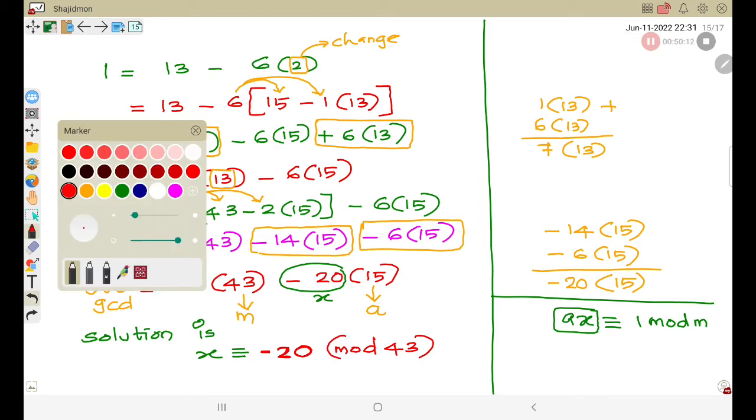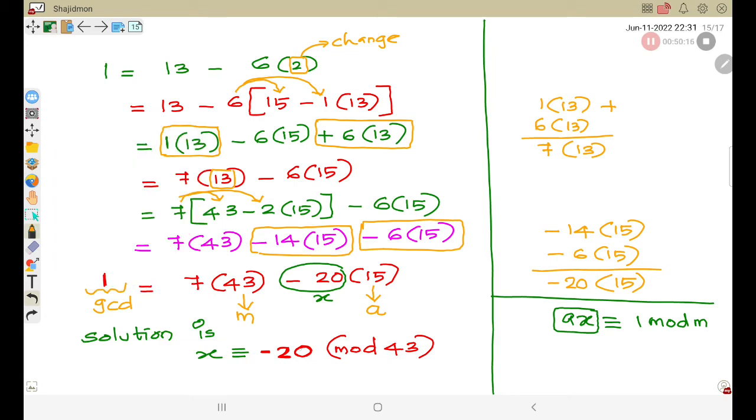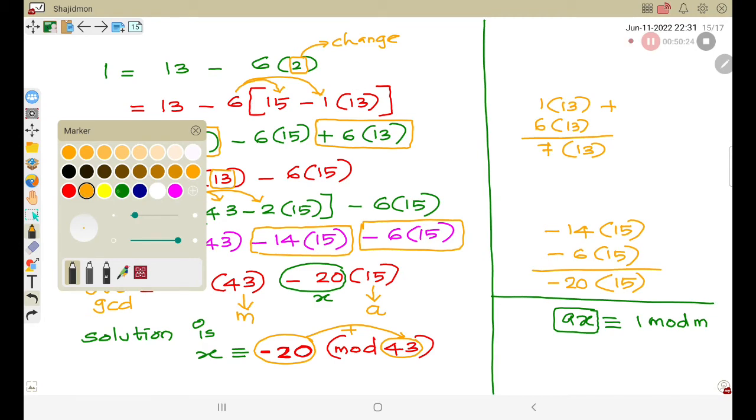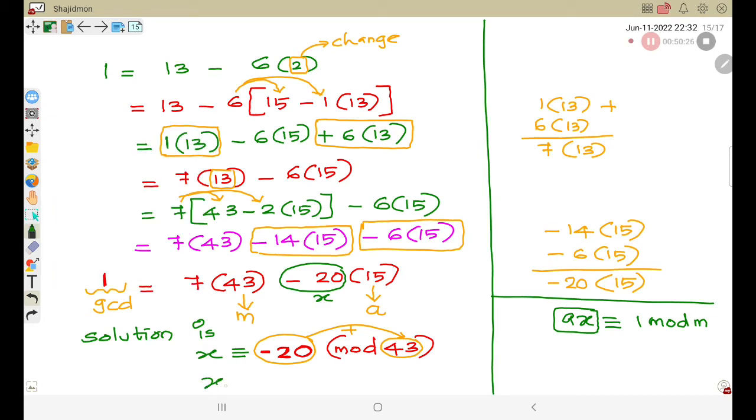Now as I told you, we can calculate this number in two ways. Either you add minus 20 plus 43, these two numbers, so the solution x equals minus 20 plus 43, you will get 23. This is the answer. X equal to 23 is the solution.